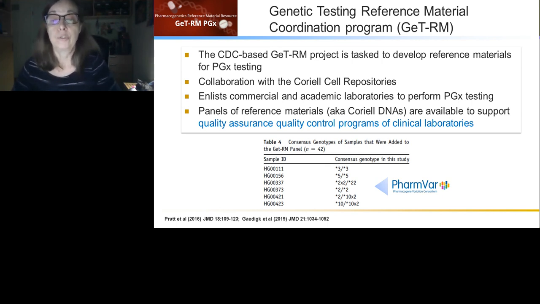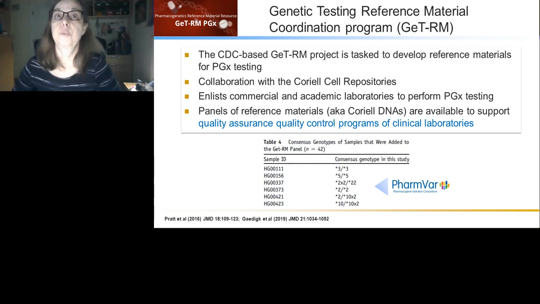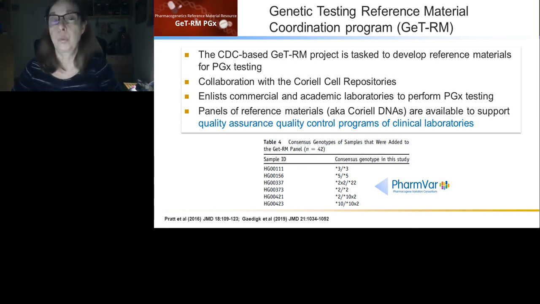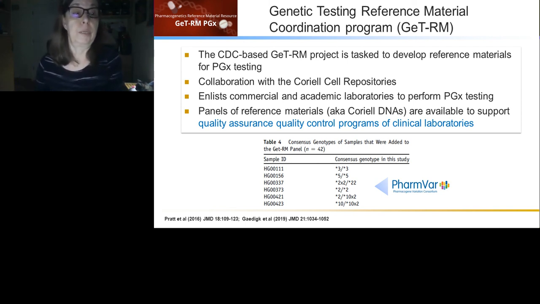The highlight also is that these consensus genotypes are reported out in star nomenclature. So again, this emphasizes that you do need a resource that keeps track of all these star alleles and suballeles, because all these different projects and groups rely on it.